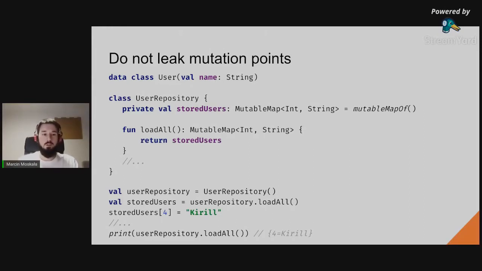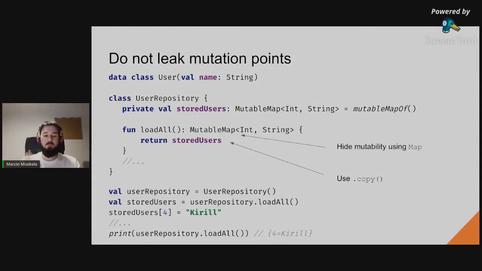So if you leak the mutation points, like mutable map in this case, then you are exposing it for a mutation from outside. So what Java did was making a copy in here. In Kotlin, we would make two mutable lists again, but it is additional cost and it is not really needed. What we should do in Kotlin is to use a map interface.